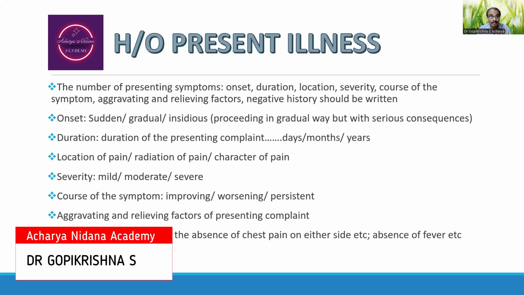If the person is having pain in the left hypochondriac region, we are going to list out the organs of the left hypochondriac region, such as spleen, left kidney, splenic flexure, or pancreas.